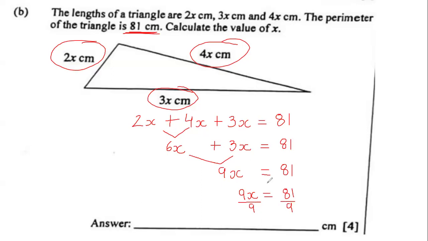When we divide both sides by 9, the 9 cancels with the 9, so x is going to be equal to what? 81 divided by 9 is 9. So x equals 9. So let me quickly re-explain what I did.